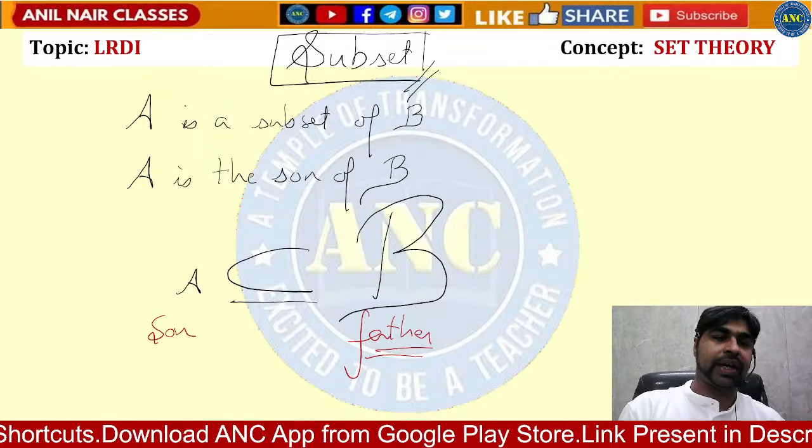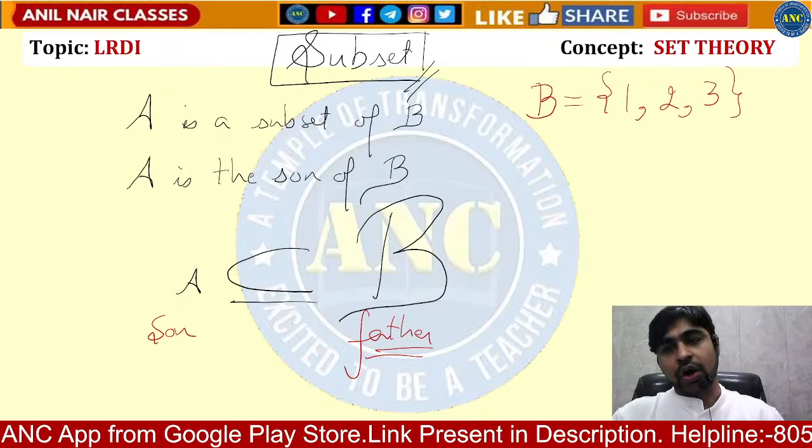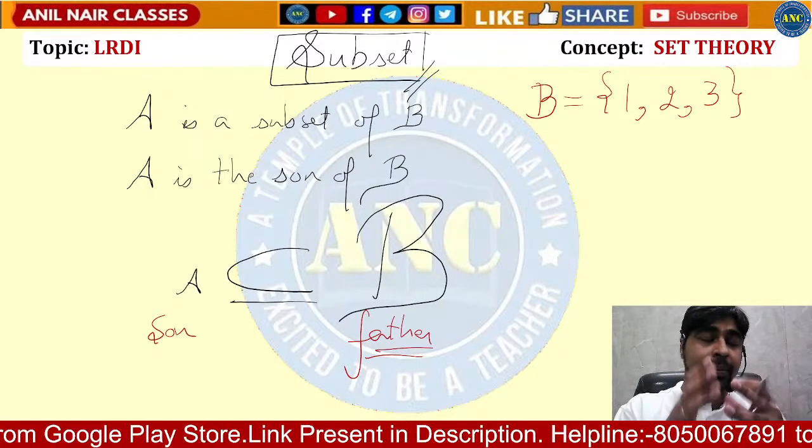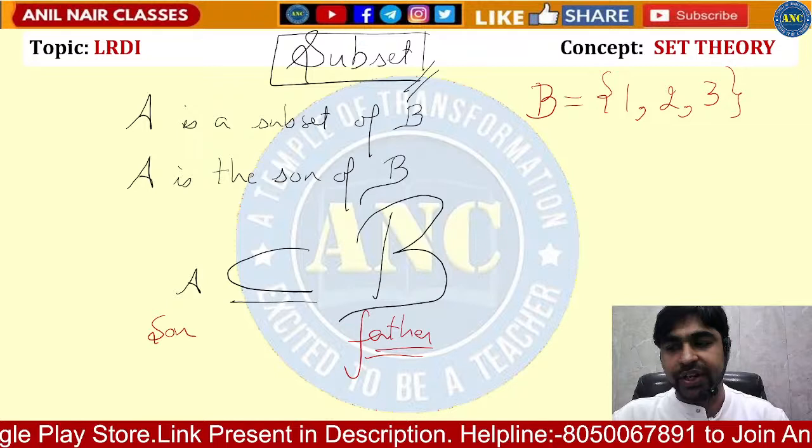So if I define B as the elements 1, 2 and 3, how many properties of his father can the son take is how I would like to call it. That would be how many subsets of A are possible.